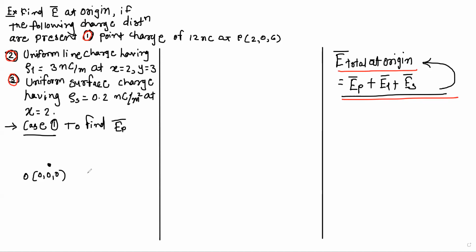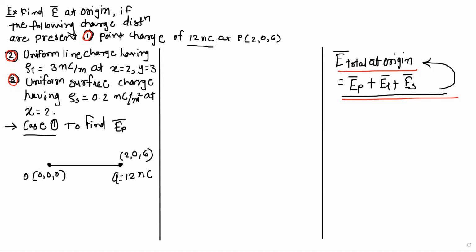And we are trying to find the electric field intensity at origin because of this point charge Q equal to 12 nanocoulomb, located at 2, 0, 6. So we got the 2 coordinates. We know the vector would start from Q and end at origin.